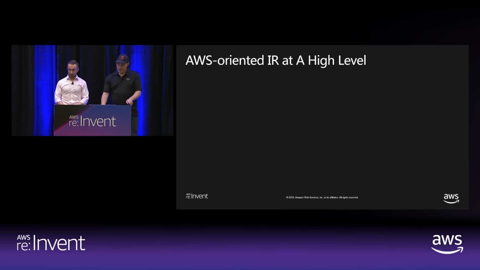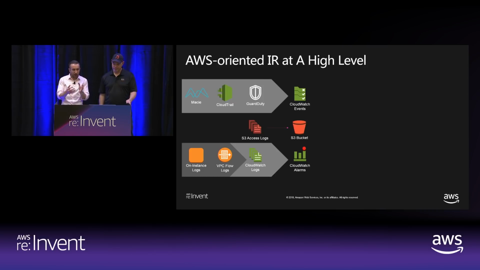Back to getting more specific, the most important thing about IR is knowing when you have an incident. That means you have to know where to look for incidents, right? So I always get asked, okay, now I know where to look, maybe, but what should I be looking for?